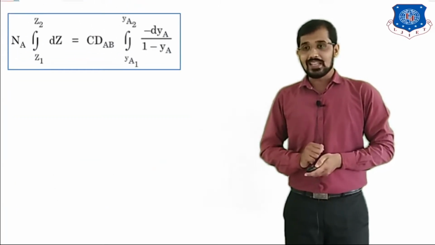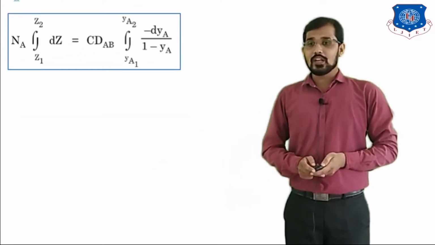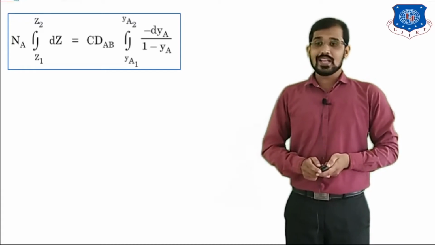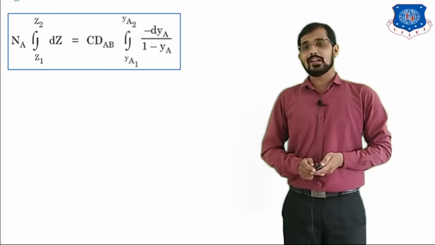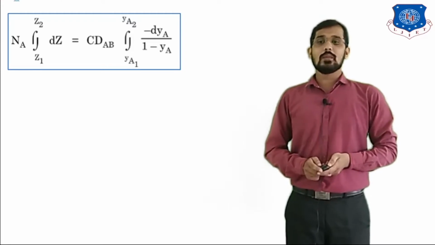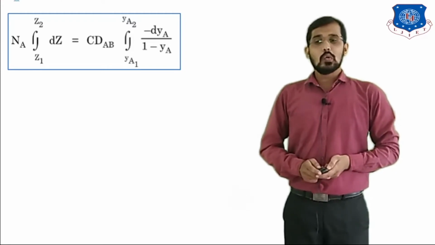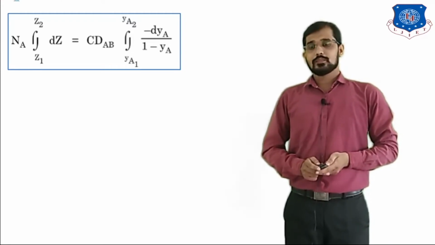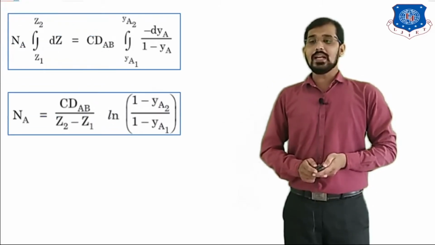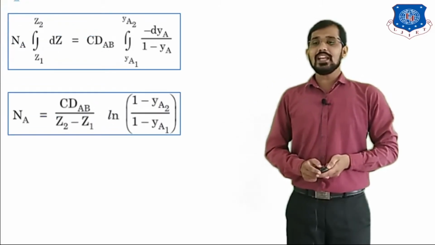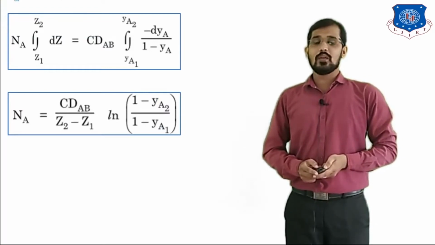So this part will be like this: NA integration of dZ from Z1 to Z2 is equal to C D_AB integration of -dY_A/(1 - Y_A) from Y_A1 to Y_A2. After integrating, you will get NA = C D_AB/(Z2 - Z1) ln[(1 - Y_A2)/(1 - Y_A1)].